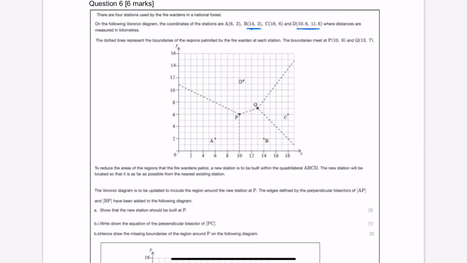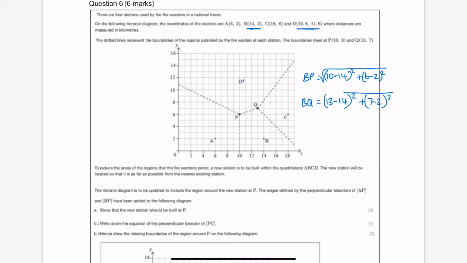So the distance for B to P is 10 minus 14, squared, and then I have 6 minus 2, and again squared, and then all of that is going to be square rooted. And then I'm going to do the same again, but this time it's B to Q, and that's 13 minus 14 squared plus 7 minus 2 squared.